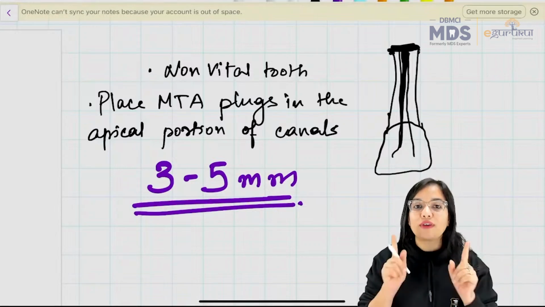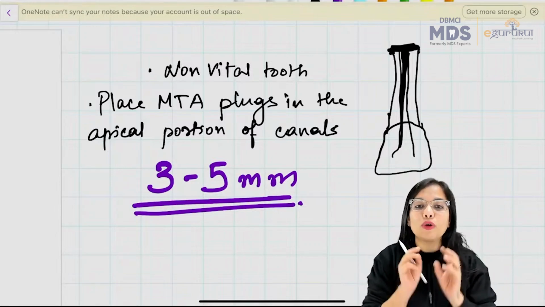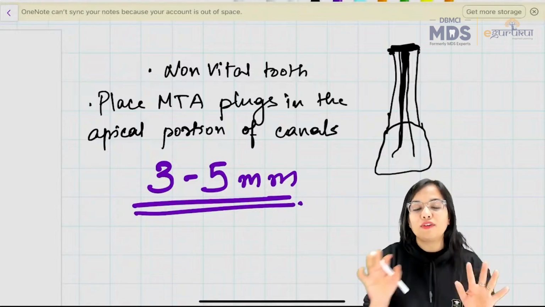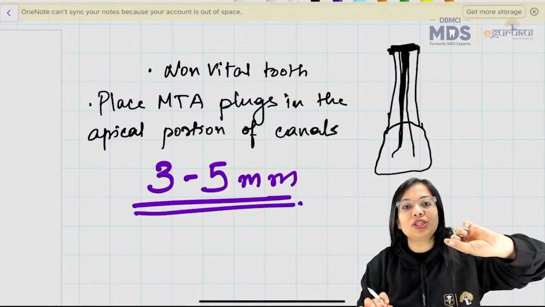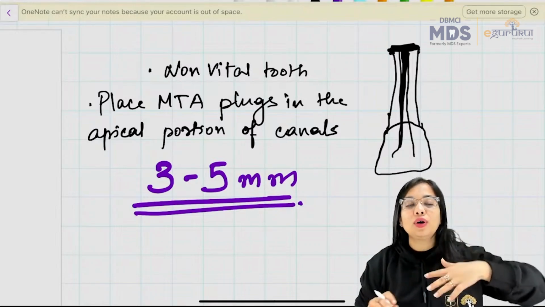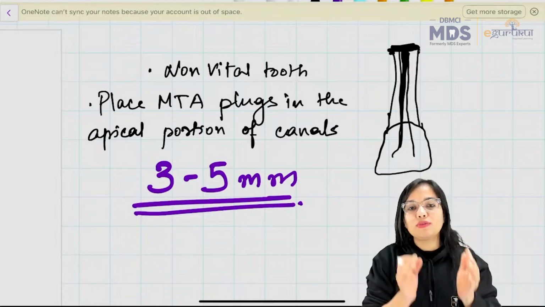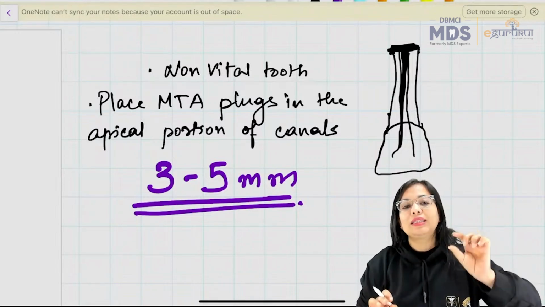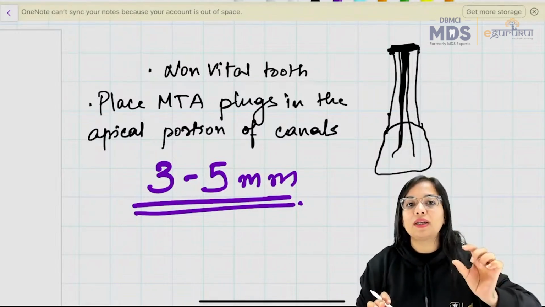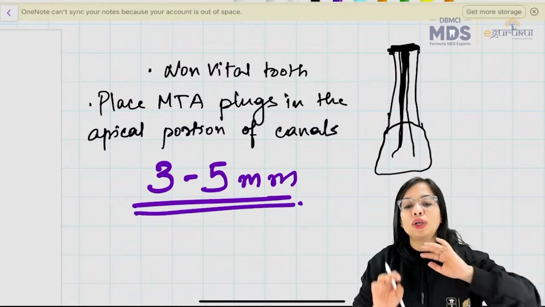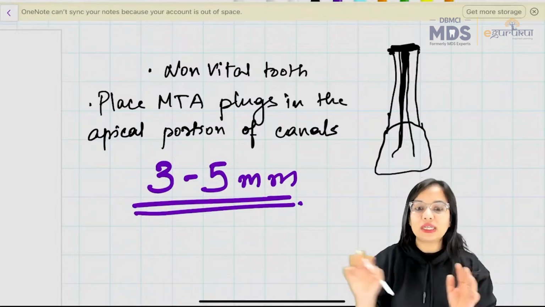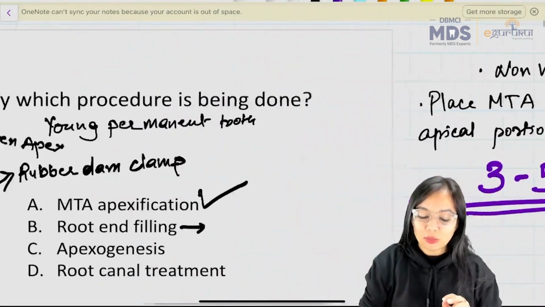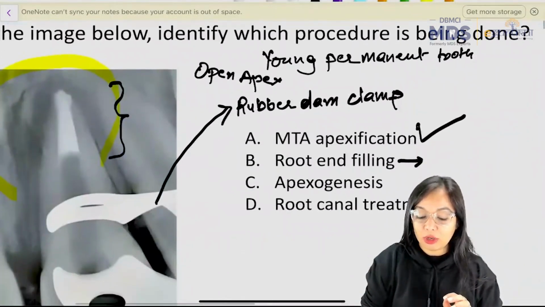But in case of MTA, you are not supposed to place the material and wait for a long time. You just place the MTA in the apical region and observe it with the help of a radiograph. You place a plug as thick as 3 to 5 mm in the apical region, and immediately after that you can do the obturation using gutta percha. So there is no waiting time. That is how MTA obturation is done.